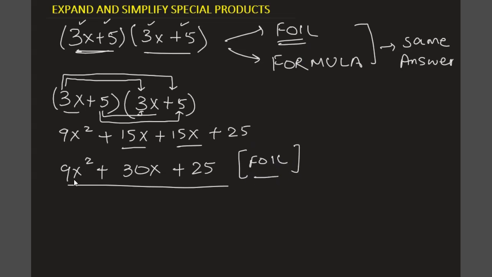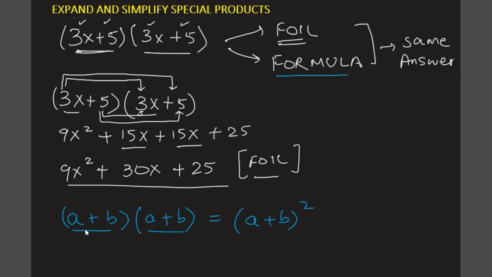Now let's do the same question using the formula. Whenever you see two polynomial expressions with similar like terms, we can write them down as a plus b times a plus b. Because there are same terms, we can also write it down as a plus b whole square.